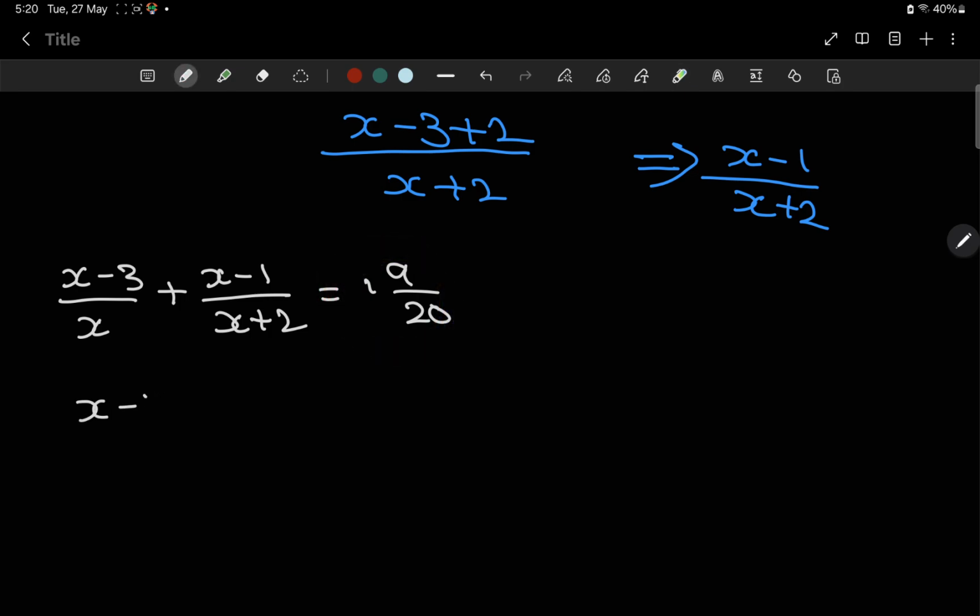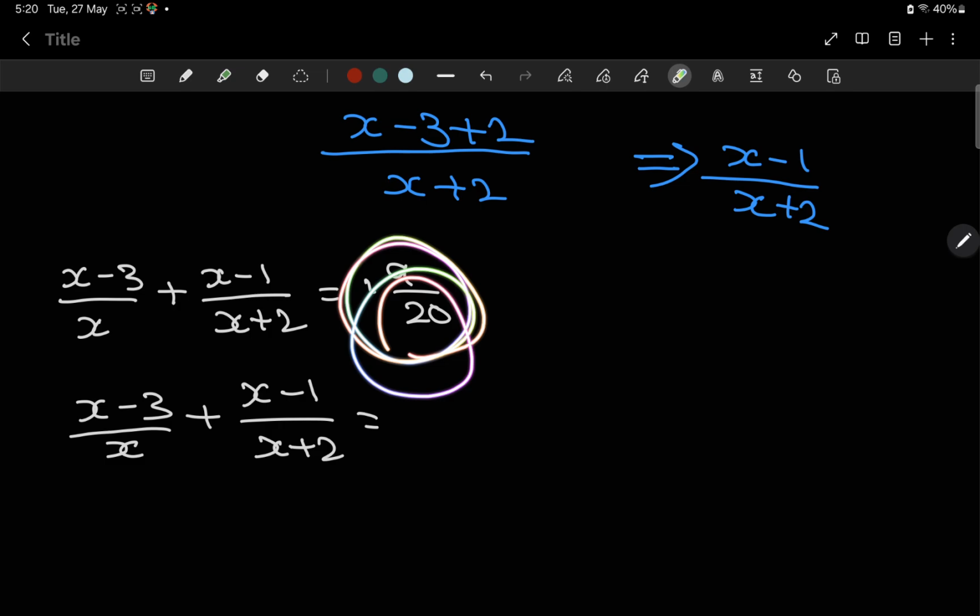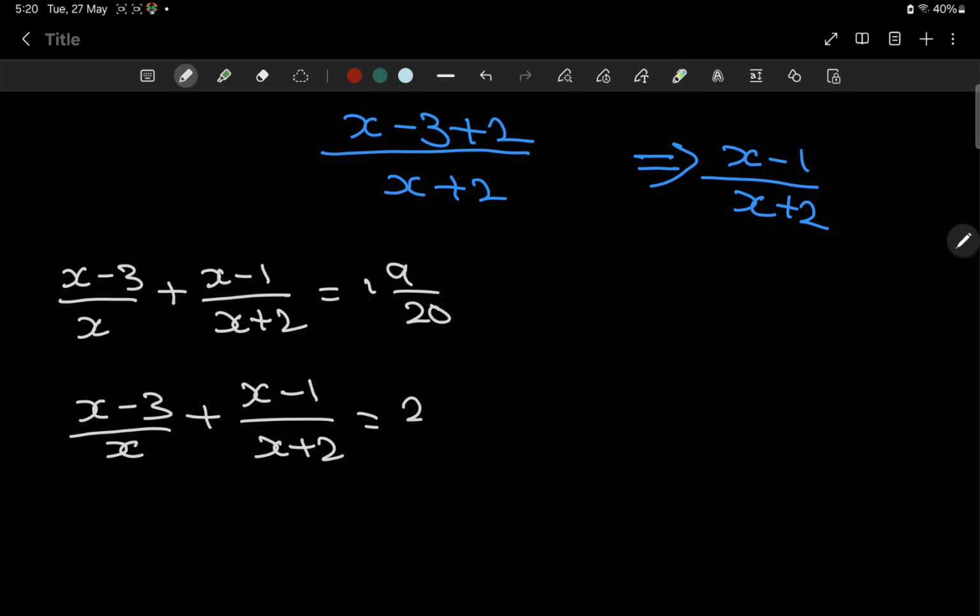So x minus 3 by x plus x minus 1 by x plus 2 is equal to, converted to an improper fraction, 39/20.